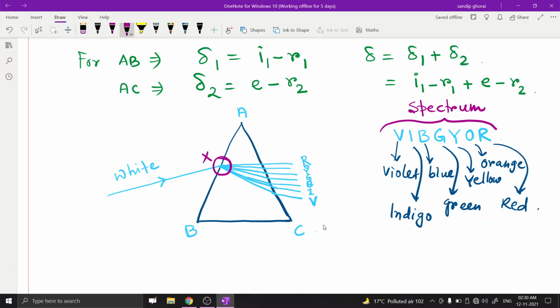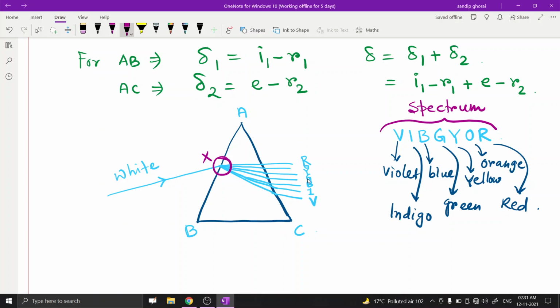Dispersion occurs mainly because the different components of light bend differently, because their speed is different in glass medium. So when white light enters from air to glass medium, the 7 different colors move with different speed through the material of the prism.